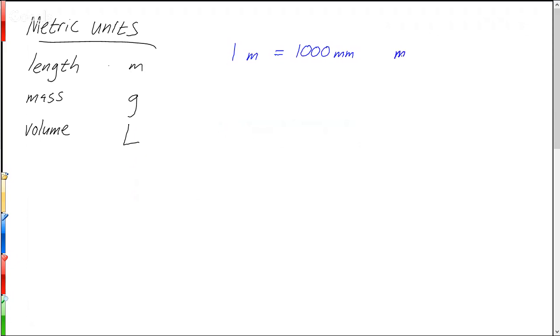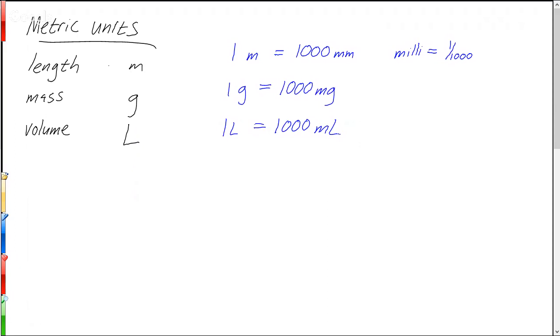And this is, in general, given by this prefix milli. We can think of milli as a fraction of 1,000th of something. And so that means that it works for every other unit. So 1 gram is 1,000 milligrams. 1 liter is 1,000 milliliters, and so on.